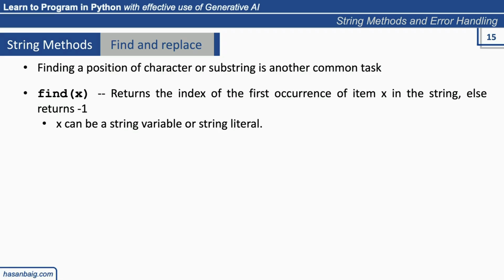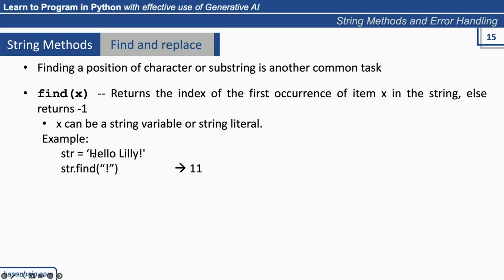Let's take an example. Suppose we have the string "hello Lily!" with a space and an exclamation mark. When I run the find method and specify the exclamation mark, it will return 11, because the exclamation mark is present at index 11.